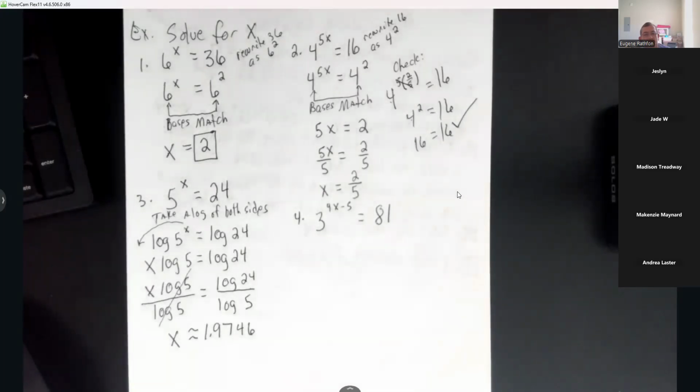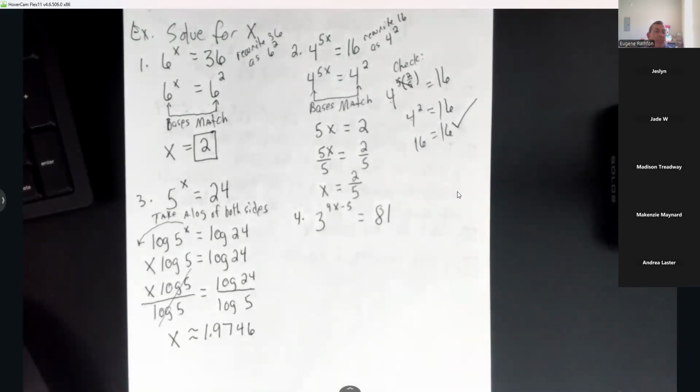Yeah, Justin, you're pretty quick on that. So let me ask y'all, what exponent would you raise a 3 to equal 81? Well, it'll be 3 times 27, but what I want is how many threes altogether you are multiplying.